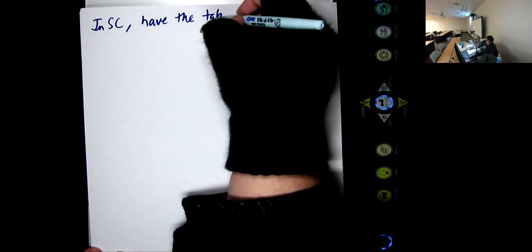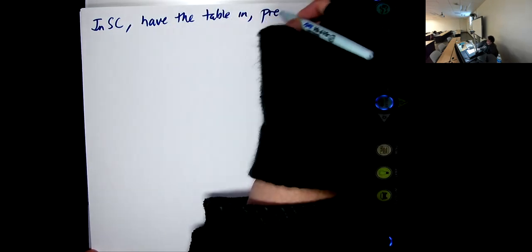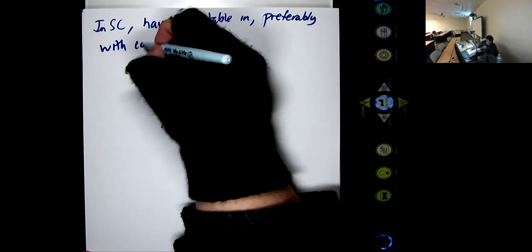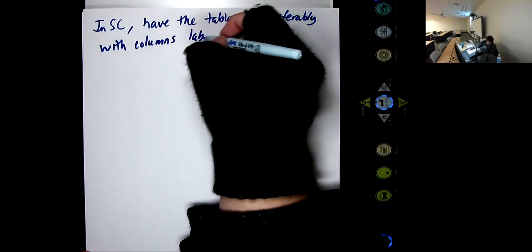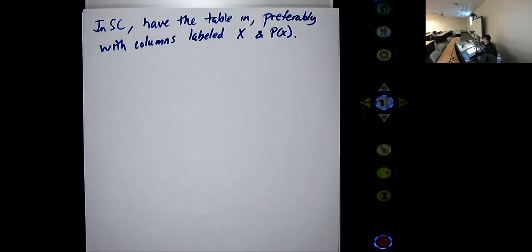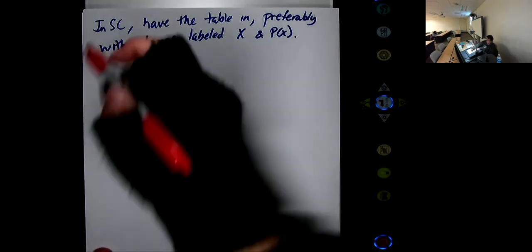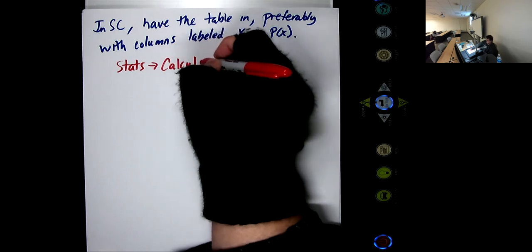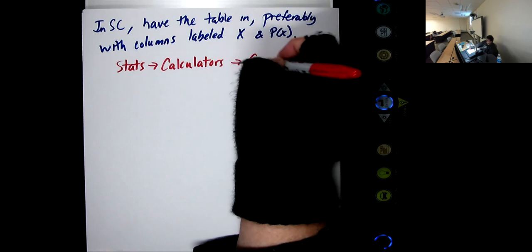In StatCrunch, have the table in, preferably with columns labeled X and P of X. Use stats, calculators, custom.